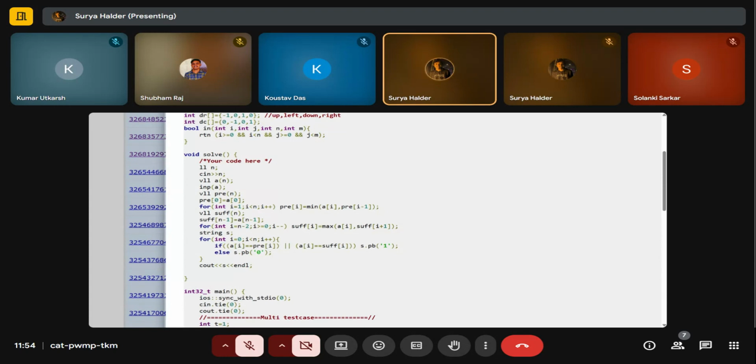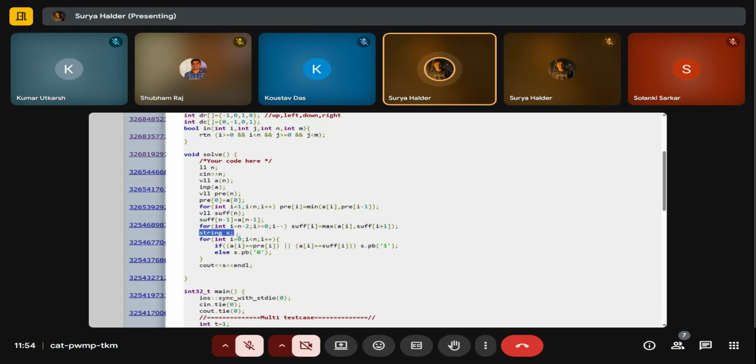And after that from n minus 2 up to 0 I will go, and then I will do suffix of I equals maximum of a of I and suffix of I plus 1. So this will populate my entire suffix array with the maximum element from I up to n.